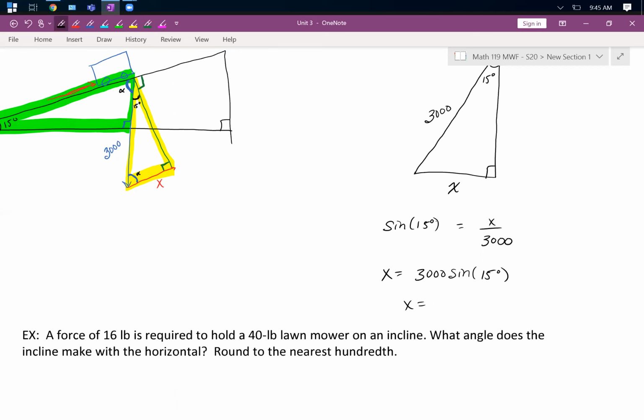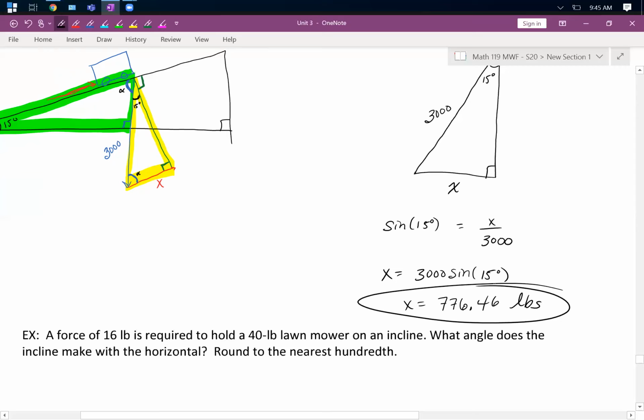I got 776.46. Anybody else get that? That's what I got too. Great, and our force unit is pounds. Great. Questions at all?